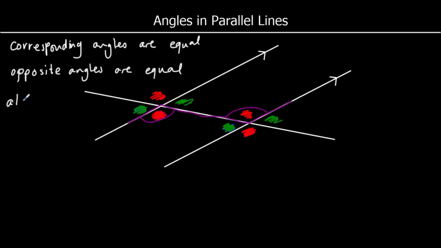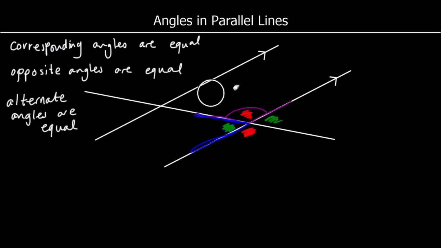So alternate angles are equal. And there's also a set of alternate angles going the other way. So these two green angles on this Z shape are also alternate angles, and they are also equal.